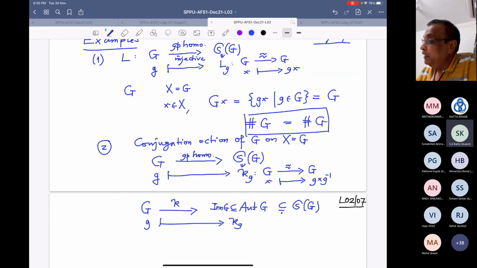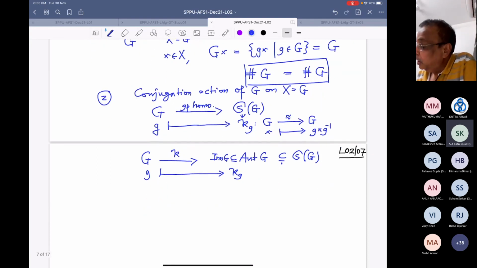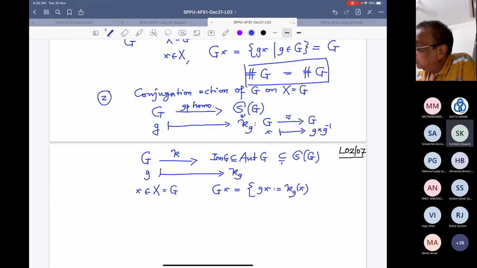Now, what are the orbits? Again, let us find out. Again, because of the same notation, you should use small x in X, which is G. Then what is the orbit of x? This is all those g·x. Now what is g·x? It is by definition kappa g of x, which is g x g inverse. Remember the writing.